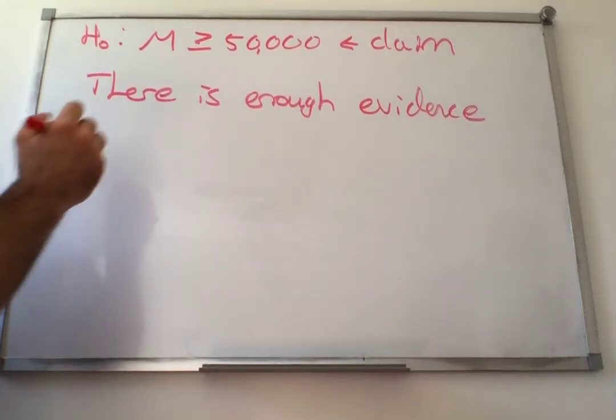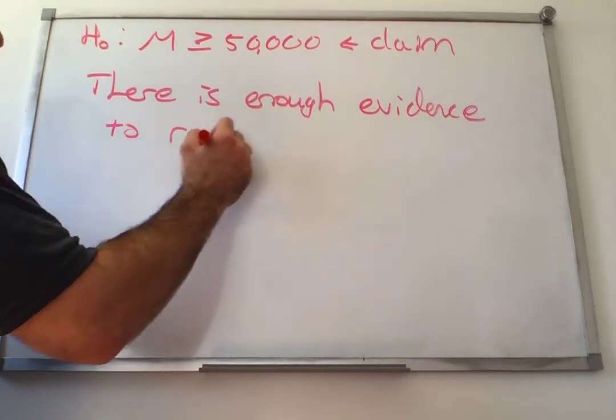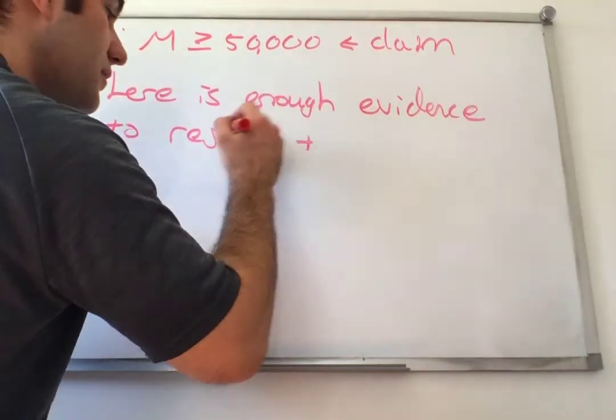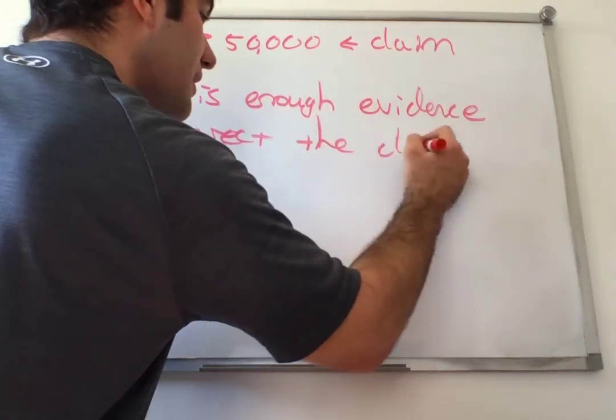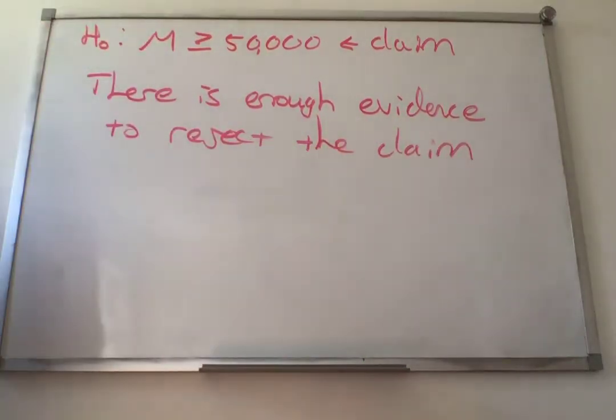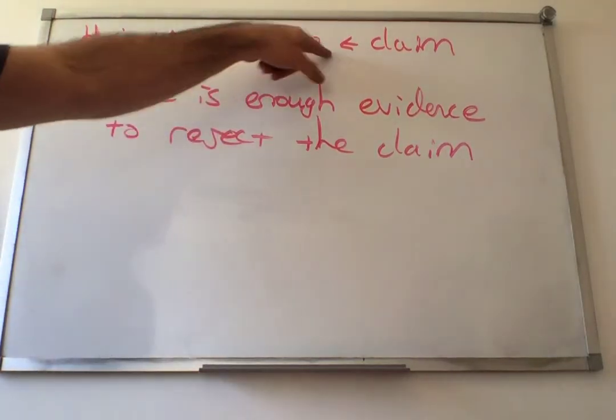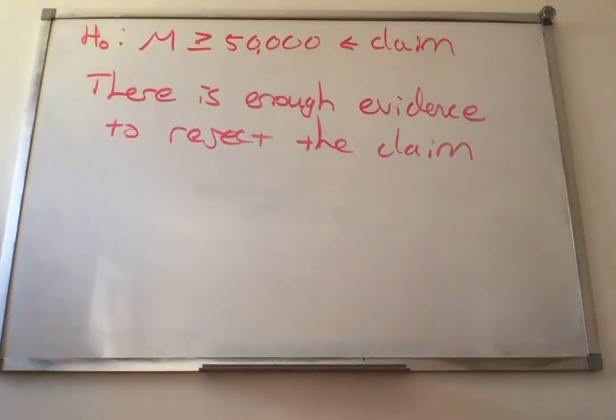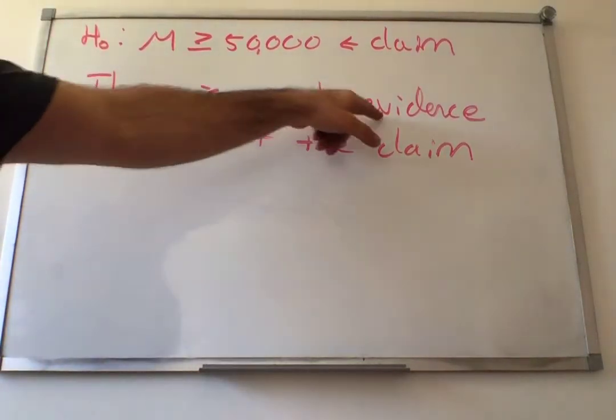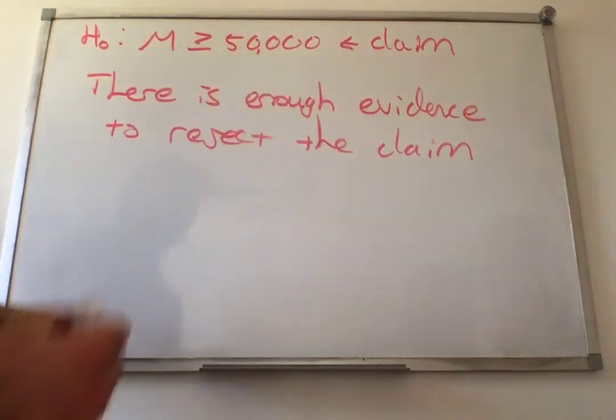So there's enough evidence to reject the claim. You could write it a different way. There is not enough evidence to support the claim. Remember, this is where our claim was. How you want to write these, you always want to write them in terms of your claim. So here's our claim. There's enough evidence to reject the claim.